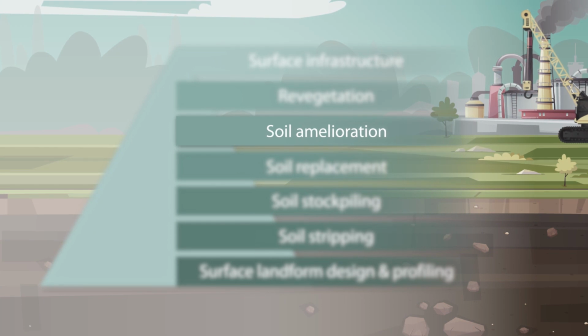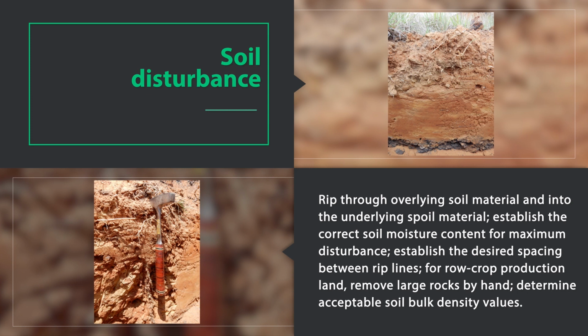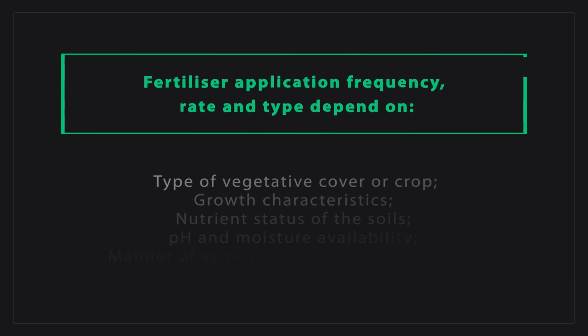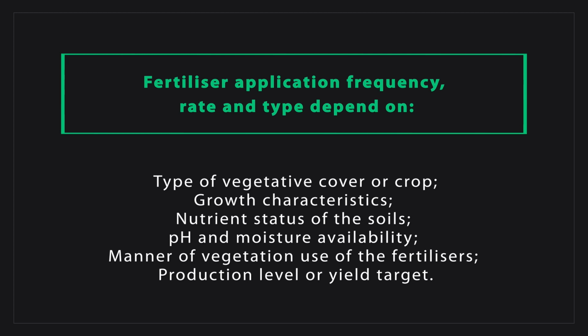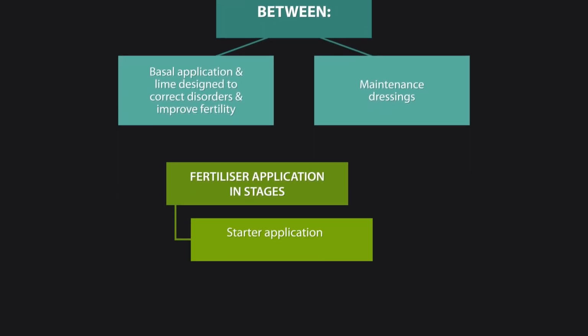For soil amelioration, actions include: following soil placement, apply lime and superphosphate fertilizer as required, and rip all soils to the full depth of the replaced soil layer. Apply and incorporate, by disking, any additional chemical ameliorants required to condition the soil for optimal plant growth.